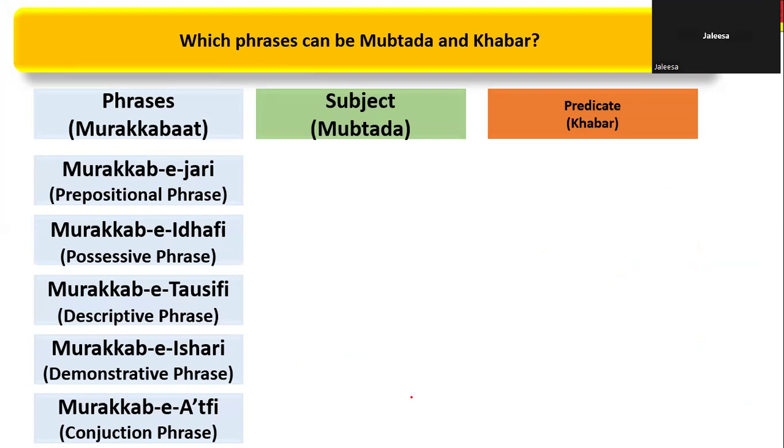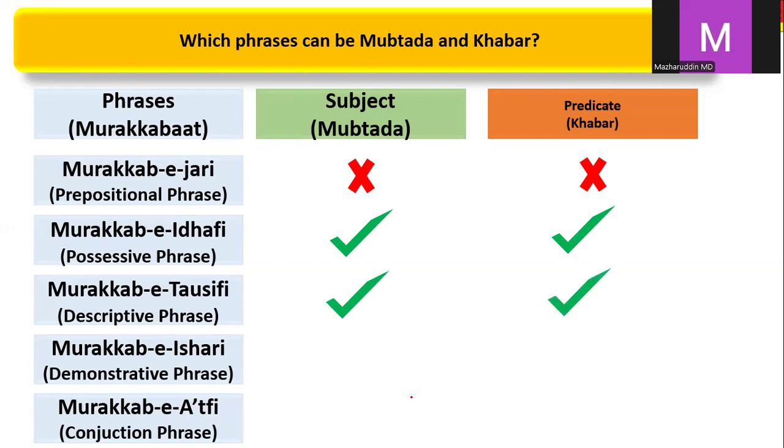Okay. So the first is murakkabe jari. It can't be mubtada and it can't be predicate, that is khabar, either. That I will teach you later on, why it is. Okay. Then murakkabe idafi. It can be mubtada, it can be khabar. Again, murakkabe tawsifi. It can be mubtada, it can be khabar.